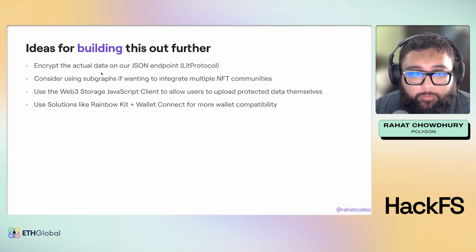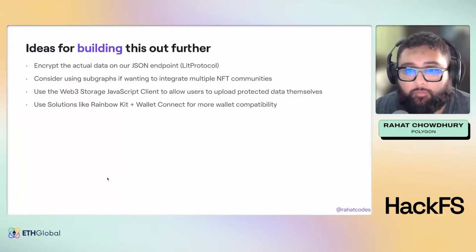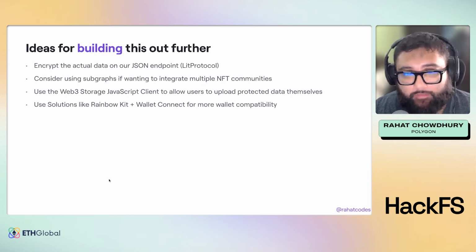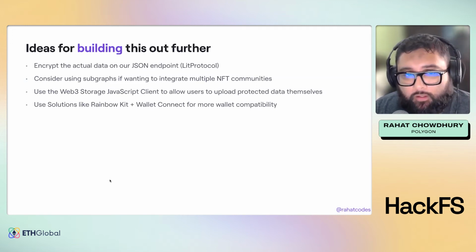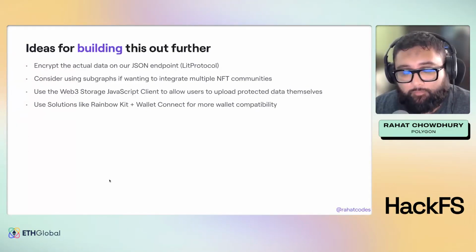You can encrypt this data on the JSON endpoint. There's this really awesome protocol called Lit Protocol, which will help you to encrypt any type of data and then have the ability to decrypt it based on ownership of a specific NFT, or whatever set of details you want.